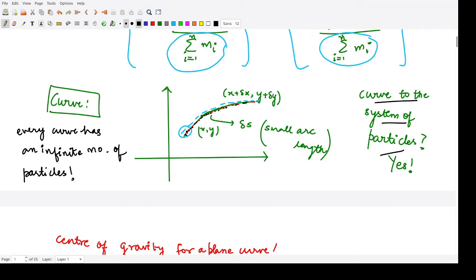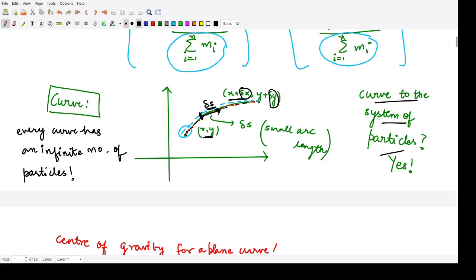Let me call a certain portion of this curve, this one, delta s, the small arc length. The position of this particular point would be x, y, and the position of this other point would be an increment in the previous position x, represented by delta x, and an increment in the position of y, represented by delta y.